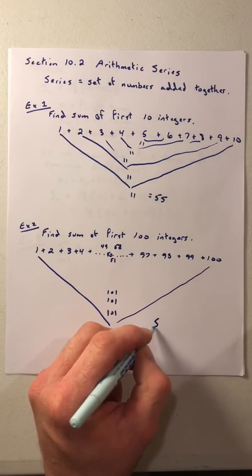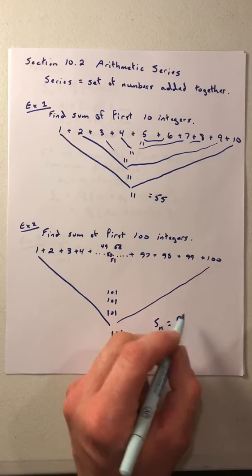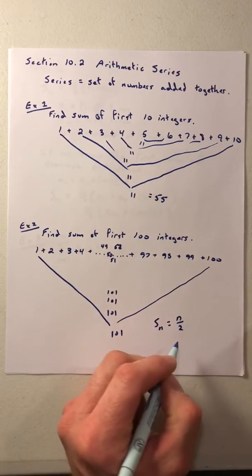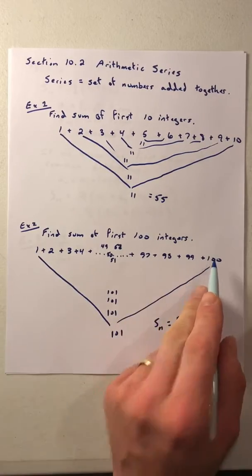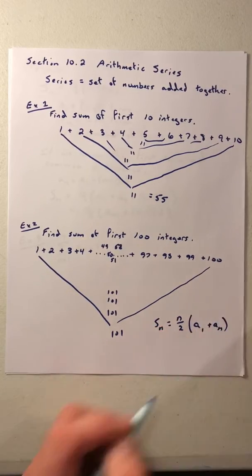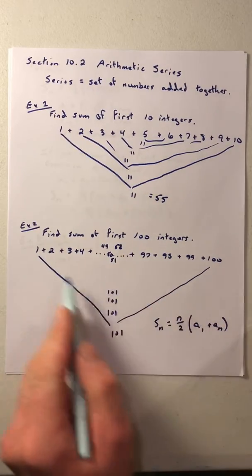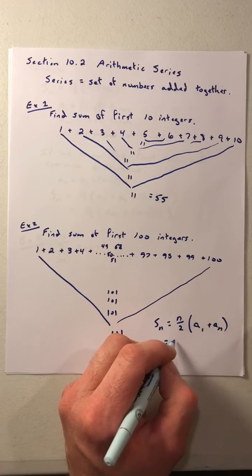So the sum of a set of numbers of an arithmetic series is going to be the number of terms that I have divided by 2 times the first term plus the last term, or a sub 1 plus a sub n. So in this example, my n is 100.